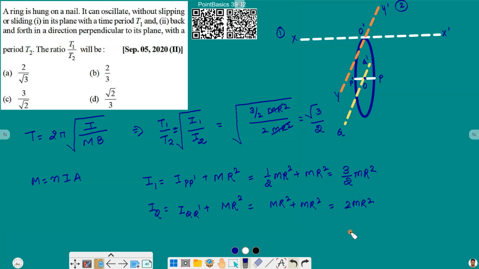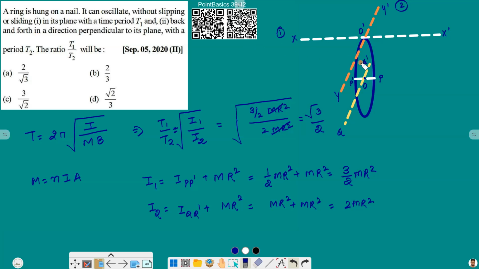And if we see here, we are getting an answer, but in our relation it is inverse. So let me check it again. In its plane with time period T1, and back and forth in the direction perpendicular to its plane.